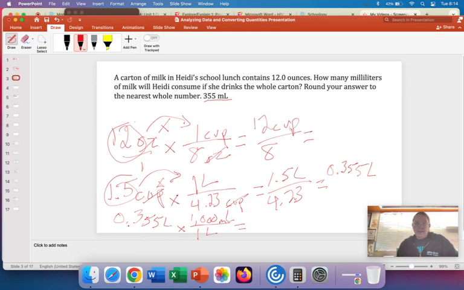Anytime I multiply by 1,000 and am using metric units, I can just move the decimal by however many zeros there are. So I move it to the right. Since there are 3 zeros in 1,000, we go 1, 2, 3. So the decimal point goes there. I don't have to use my calculator. 355 milliliters. That's how we got that answer.